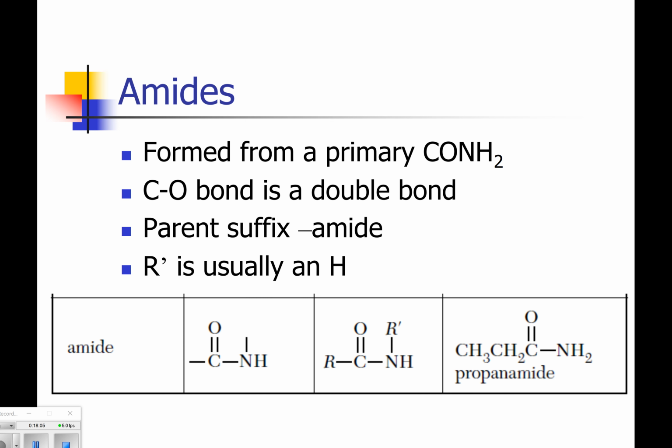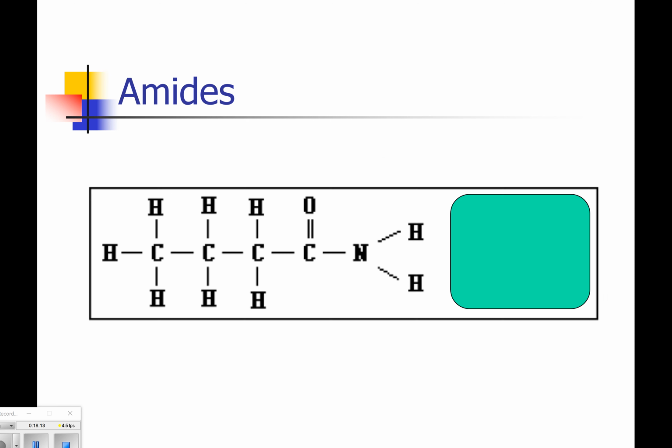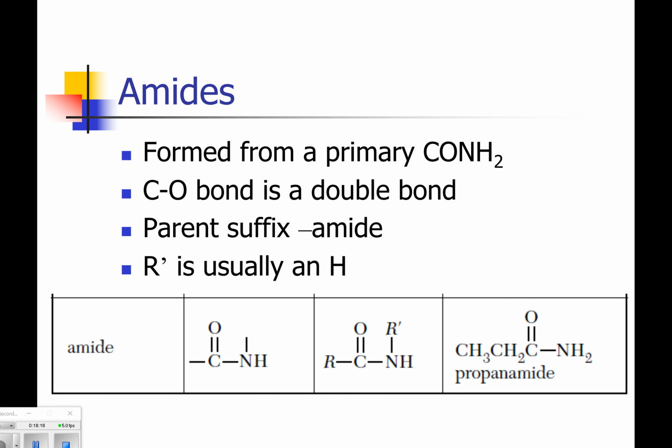So this functional group is going to be on the end of a molecule, and the carbon-oxygen bond is going to be a double bond. And that's one of the giveaways of this functional group. The name will end in amide, and generally this prime radical is going to be another hydrogen.